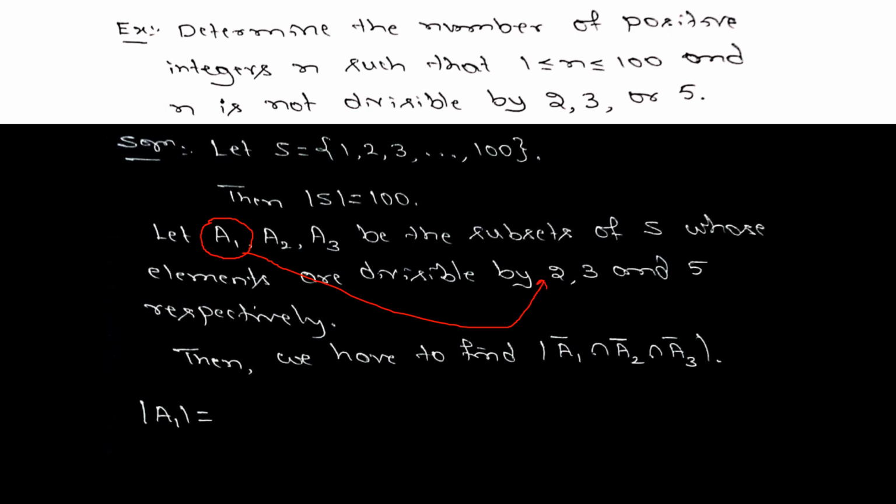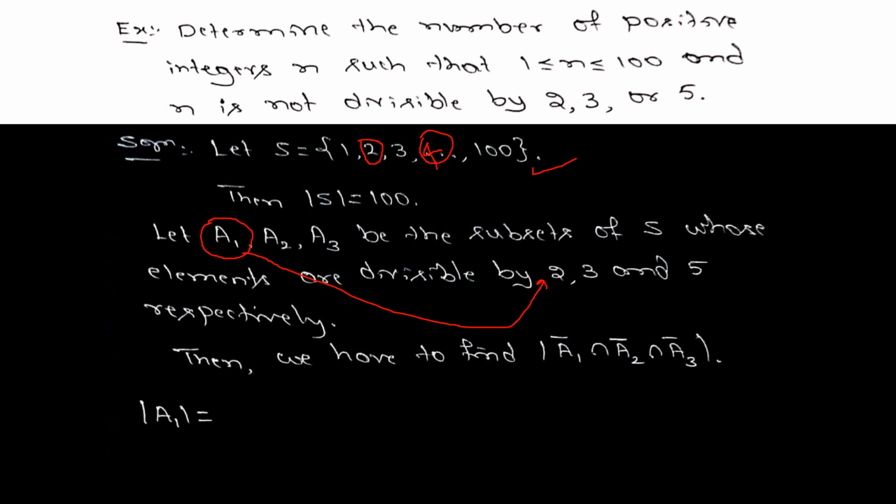We can clearly see here the first number which is divisible by 2 from 1 to 100 is 2, then you will get 4, 6, 8 and so on. That means all even integers from 1 to 100 are divisible by 2. So therefore almost half of this set will be divisible by 2.